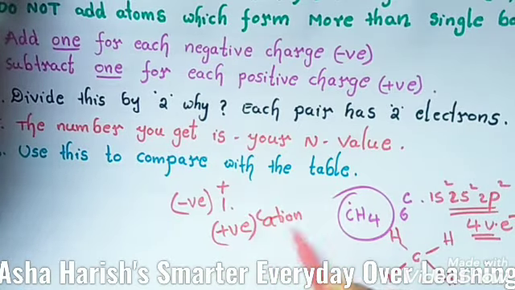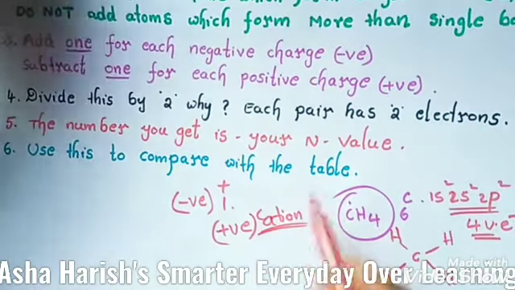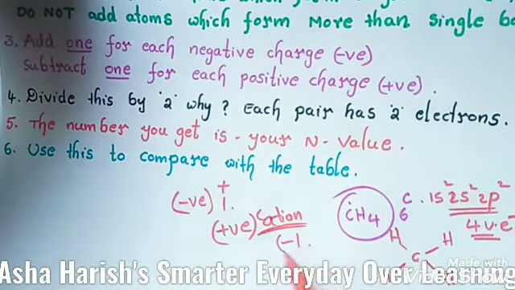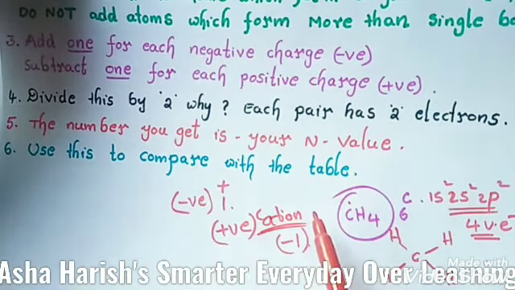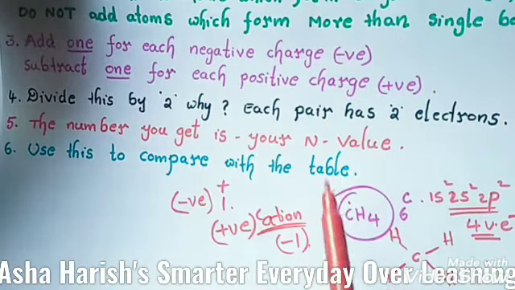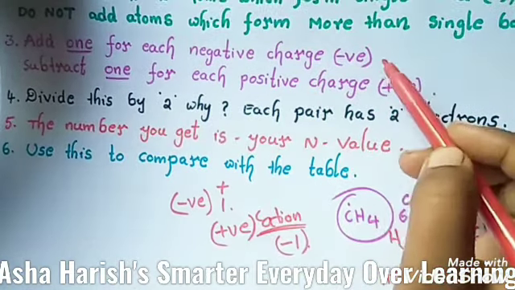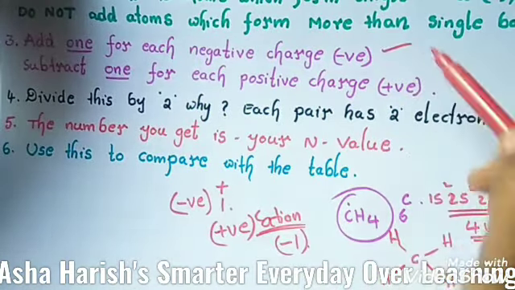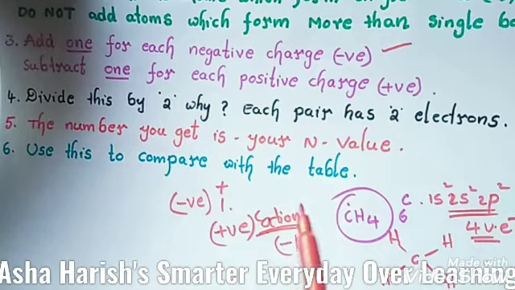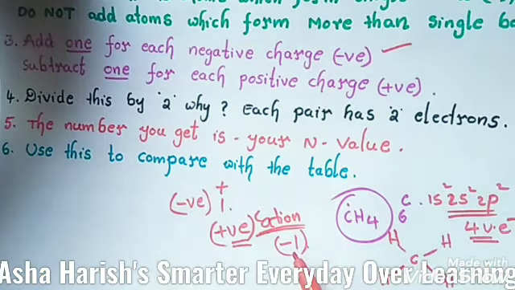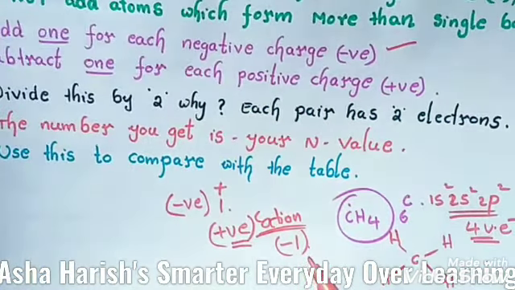For this cation you need to subtract 1. Okay, add 1 for each negative charge, for each anion, sorry. An anion has a negative charge, so for each anion you add 1 and subtract 1 for each positive charge. If there is a cation, you need to subtract 1. That is the third step.